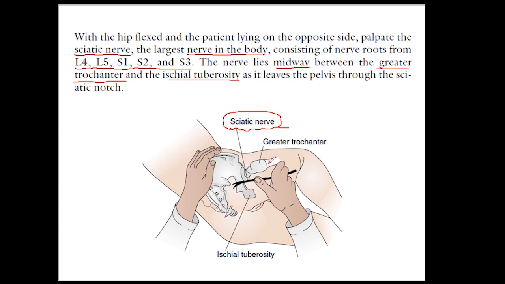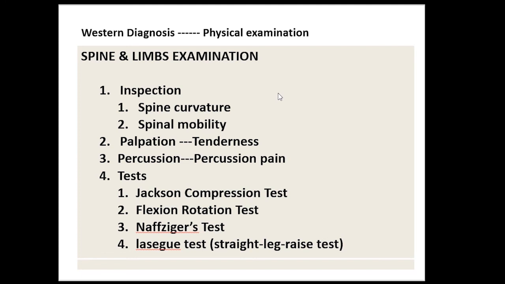We find the greater trochanter by palpation, then we find the bone behind it, then put your hand in that area. If the patient has a sciatic nerve disorder, when you apply pressure there, they will feel pain. So we check this especially for people who have sciatic nerve problems.